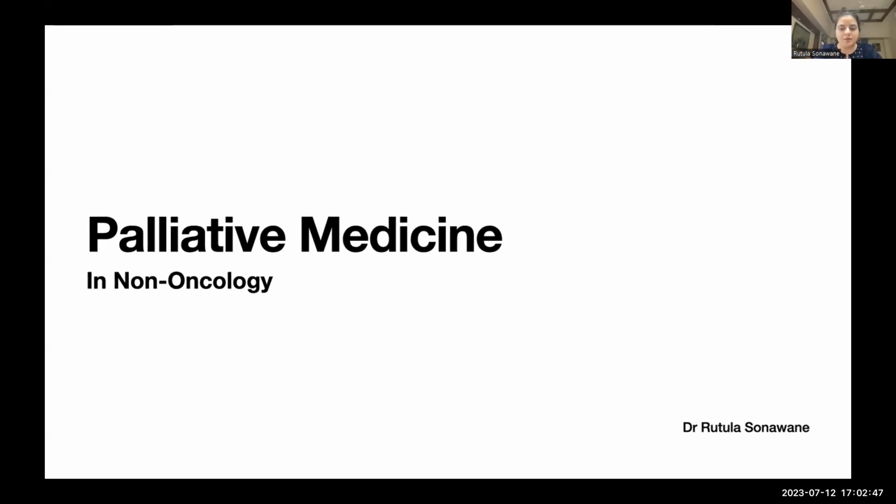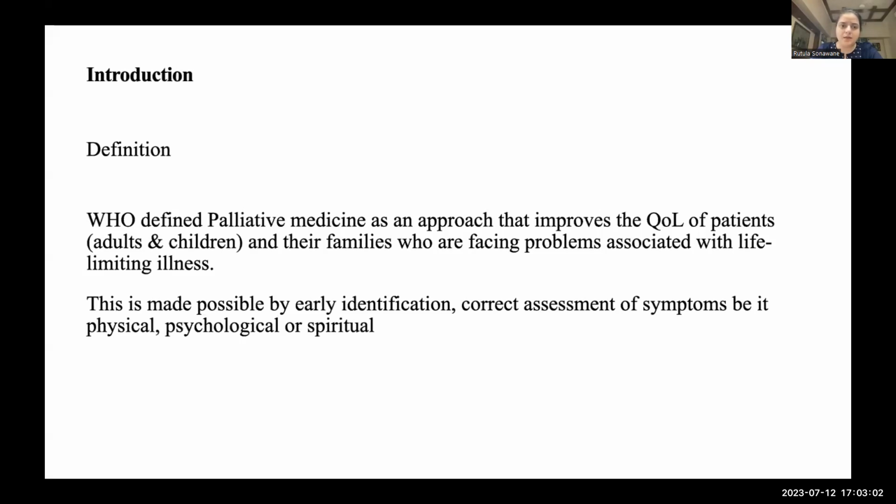Welcome everyone. So we'll be talking about palliative medicine in non-oncology setting. So just to briefly revise what palliative medicine is and what we've already seen before. As you all know, it is an approach that aims to improve the quality of life in patients, both adults and children, and their families also, who are facing problems associated with life-limiting illness.